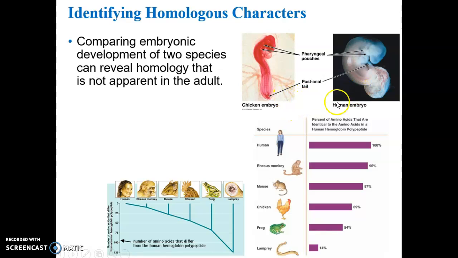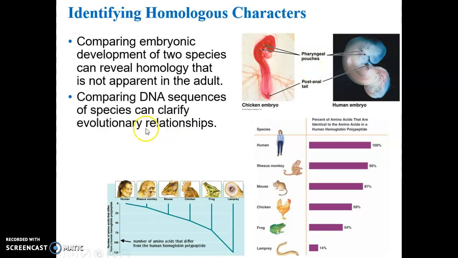But these homologous structures, again, homologous, meaning a relatively close relationship, or a closer relationship than, say, with other organisms. Okay? And again, we talked about comparing DNA sequences to help clarify evolutionary relationships.